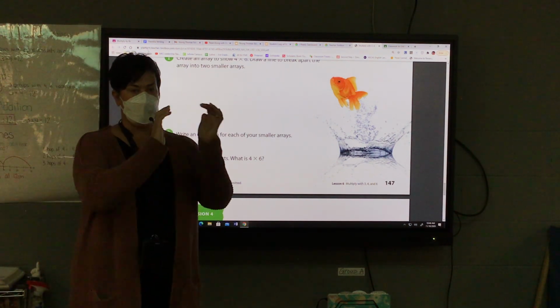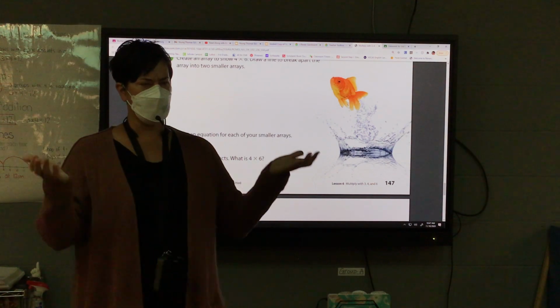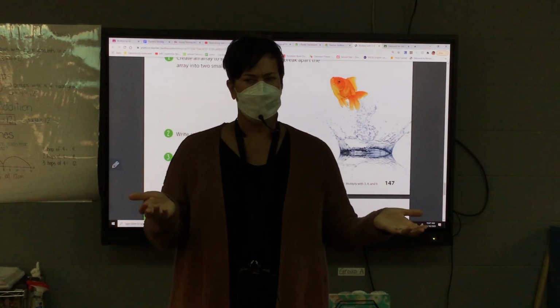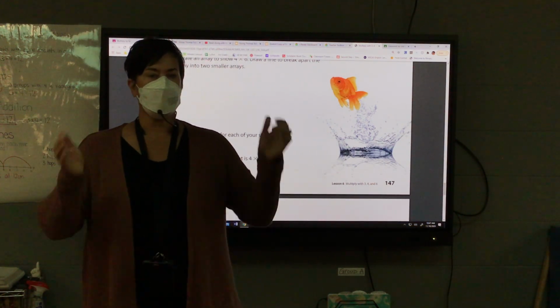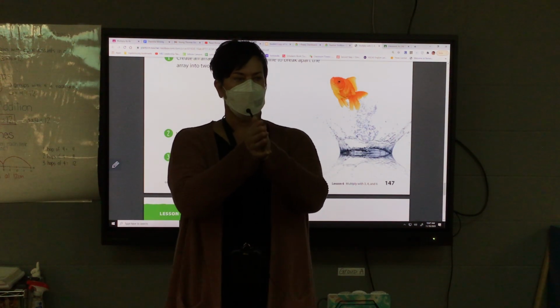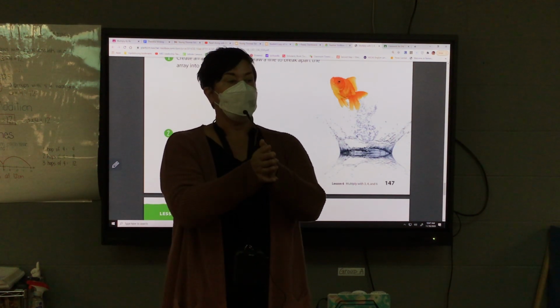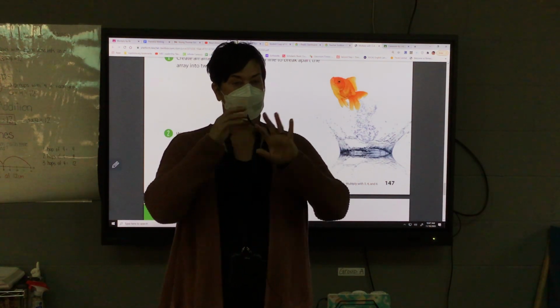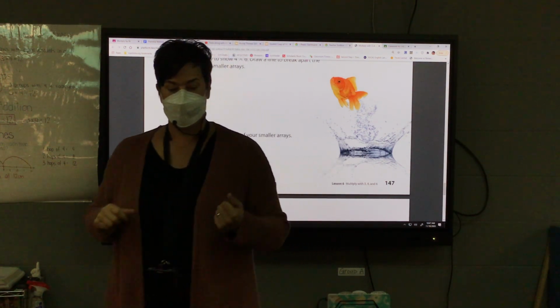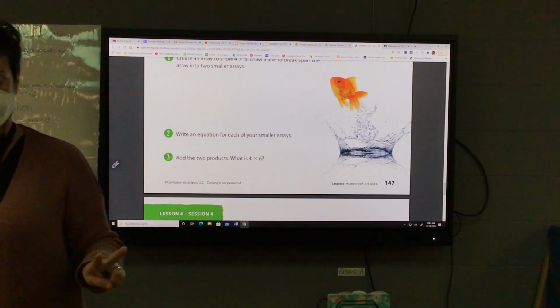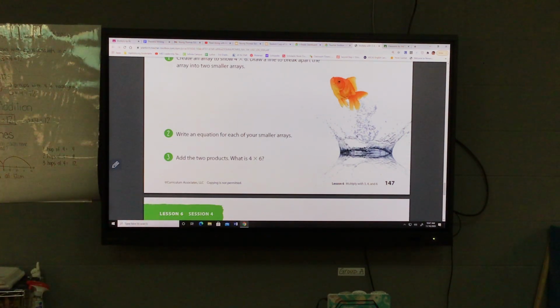What do you need to put around those equations though? What are those called, everybody? Parentheses. What goes right in the middle of them? A plus sign. Yeah, that addition sign, that plus sign, because they're broken apart. So for part 2, write those multiplication equations for the 2 parts that you broke.